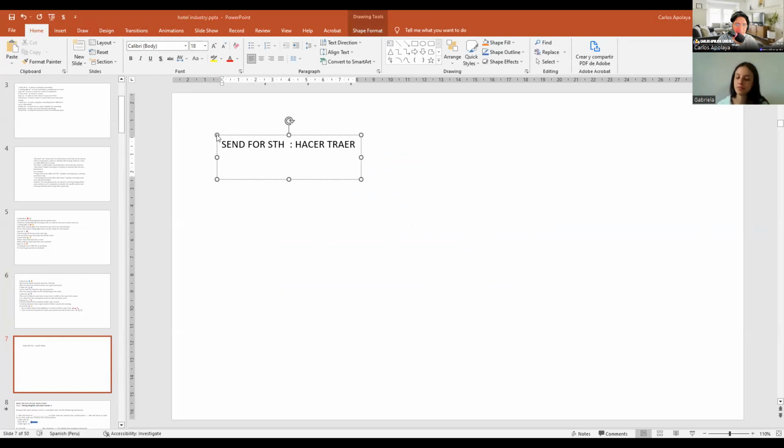Hacer traer. For example, it's really cool these days. Hace mucho frío. O es frío estos días.